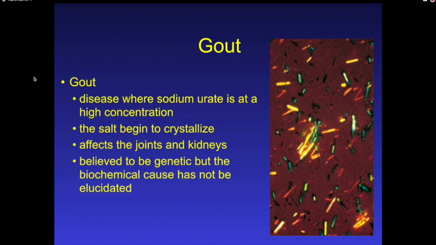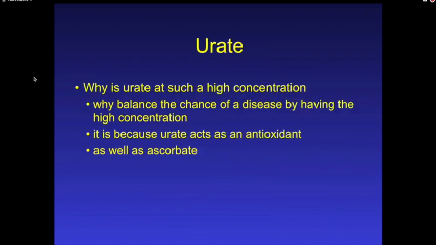And so treatment is the drug itself to inhibit the conversion to that final product, and also you degrade a lot of nucleotides by eating meat, animal meat, and so limiting intake of meat is also a treatment to this particular disease. Why in the world do we have urate even in the system? Well, urate actually has a very active antioxidant property.